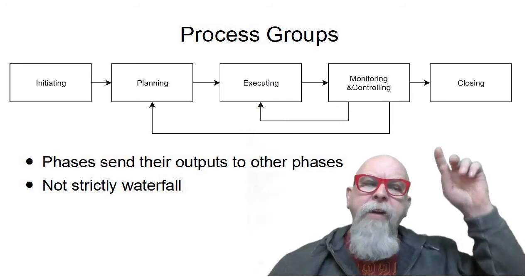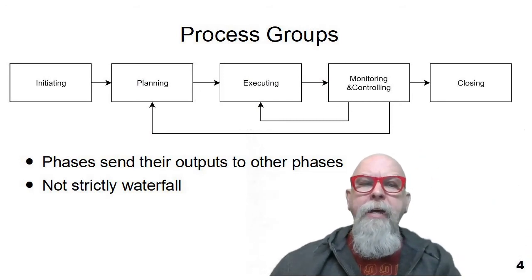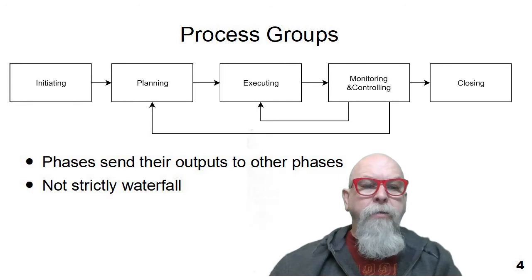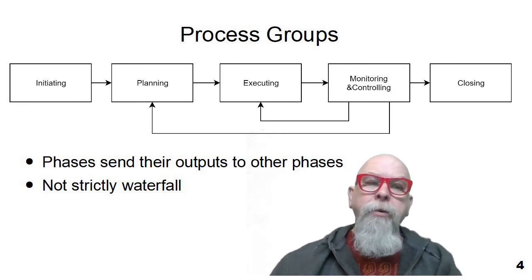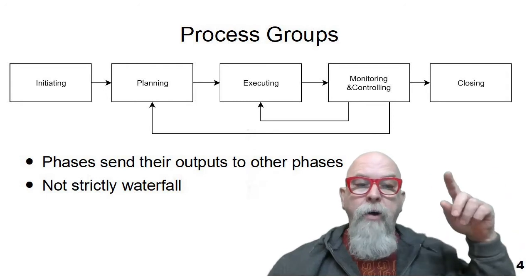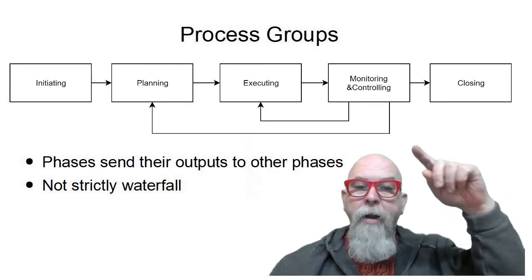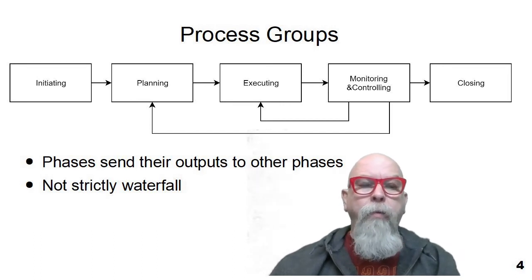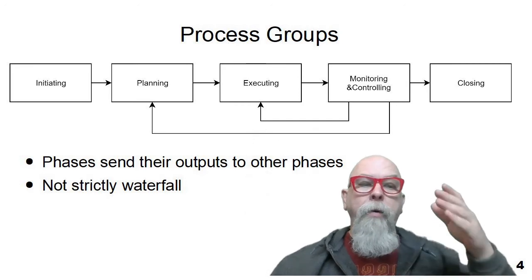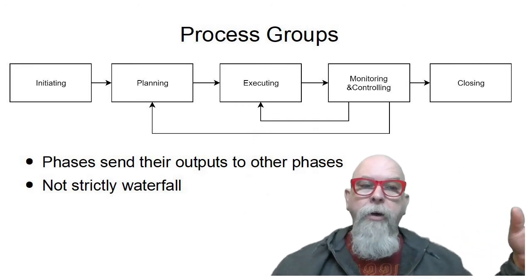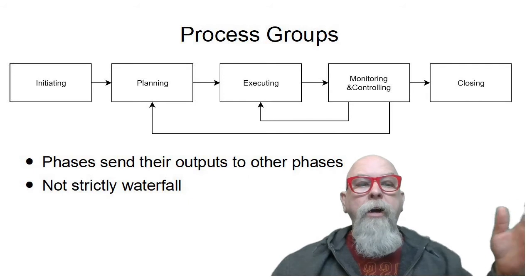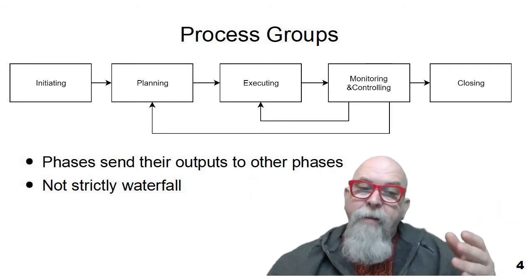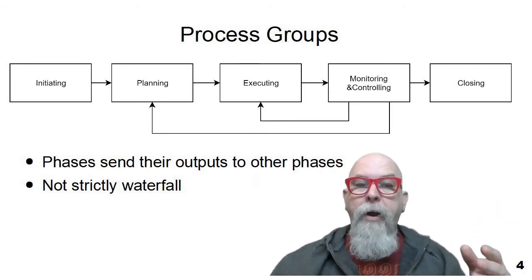The image above shows the way the process groups flow from one end to another, but the arrows that come back from monitoring and controlling, back to executing, and back to planning are there to remind us that it's not a strictly waterfall method where we go through the 5 processes and never have to loop back into a previous process.